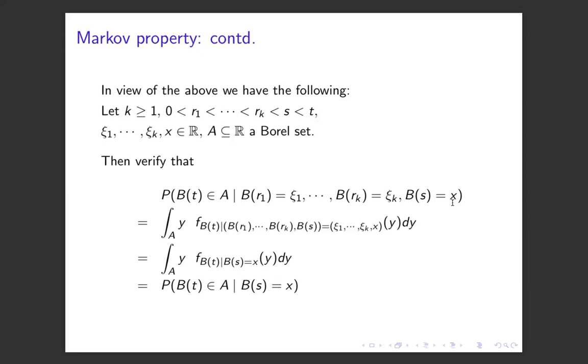But what we have seen in the early part of the semester, this kind of probability is the same thing as you integrate over A, dy times the conditional probability density function of B_t given B_{r_1} equal to xi_1, B_{r_2} equal to xi_2, ..., B_{r_k} equal to xi_k, B_s equal to x, this (k plus 1)-dimensional vector, and this is a probability density function.